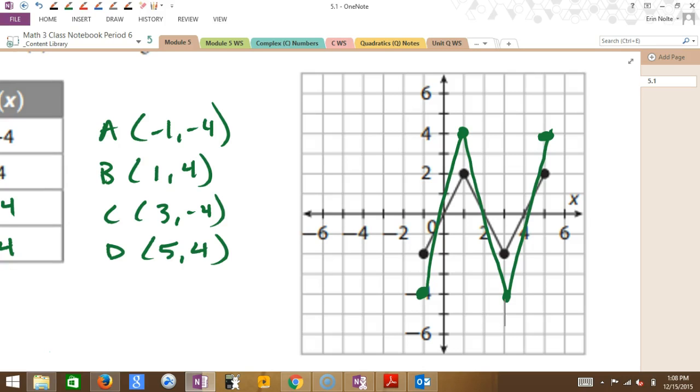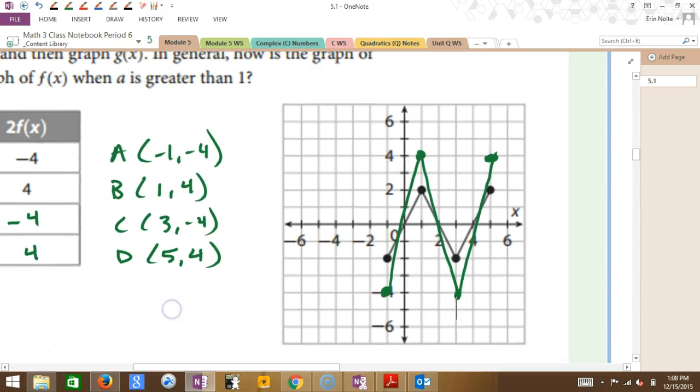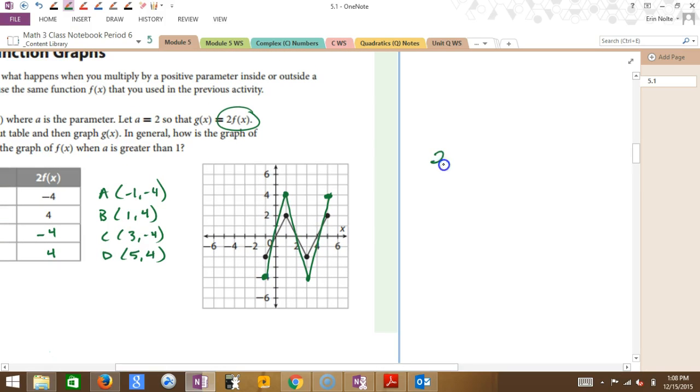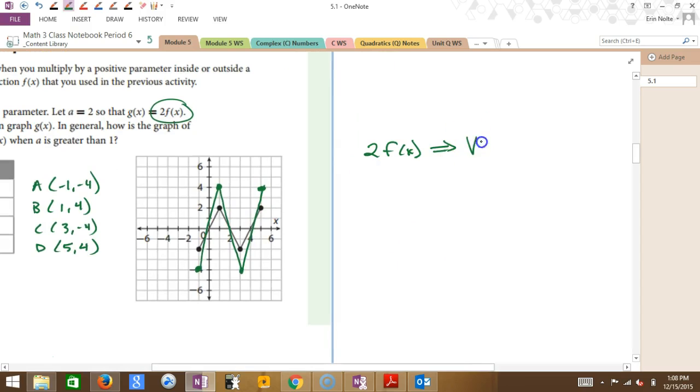This is what we're going to write for notes on this. 2 f of x resulted in a vertical, hold on, I'm really bad at spelling today, vertical stretch, right?